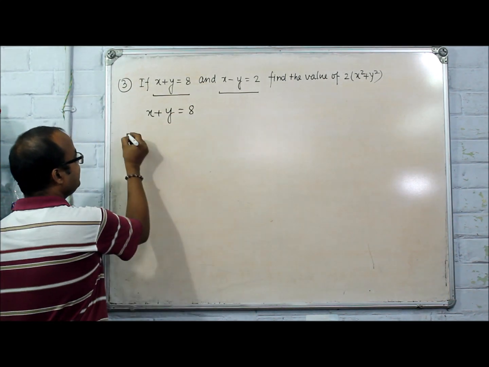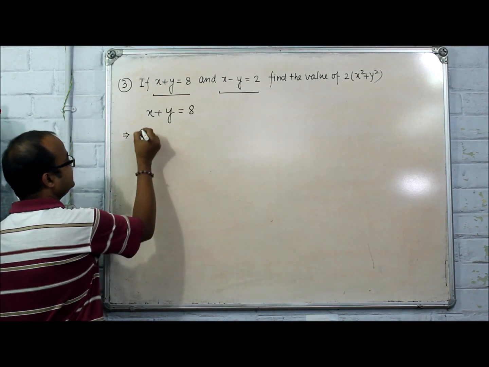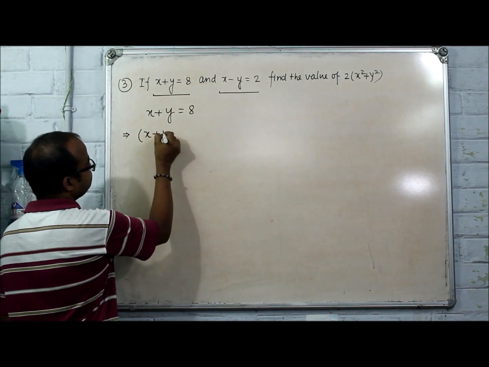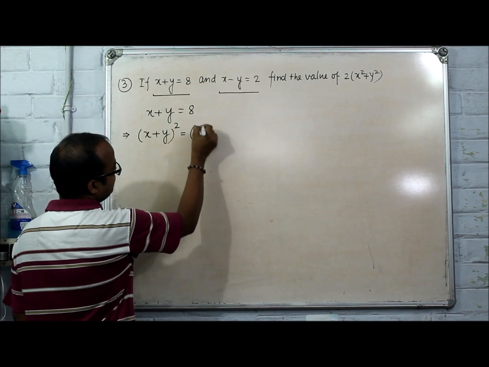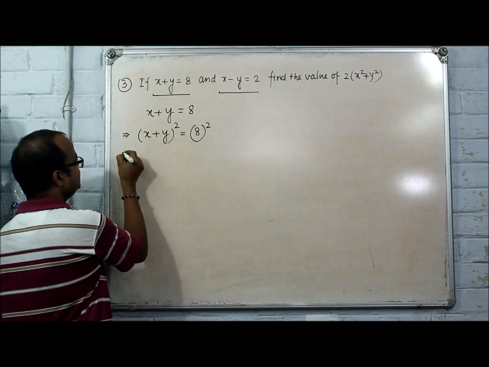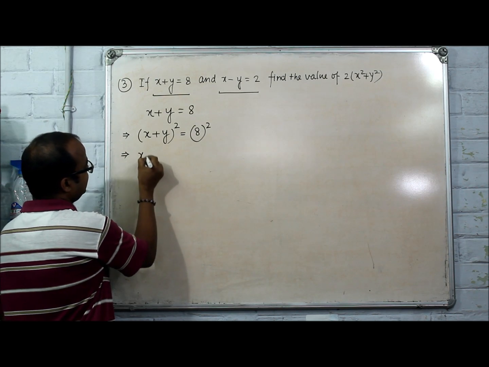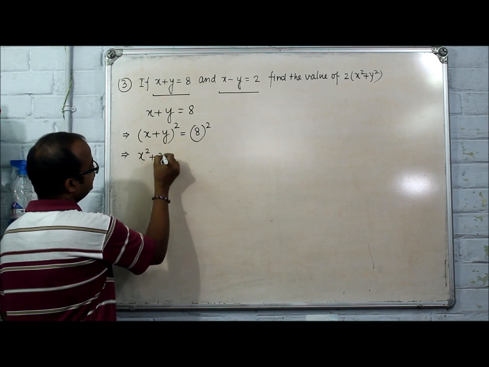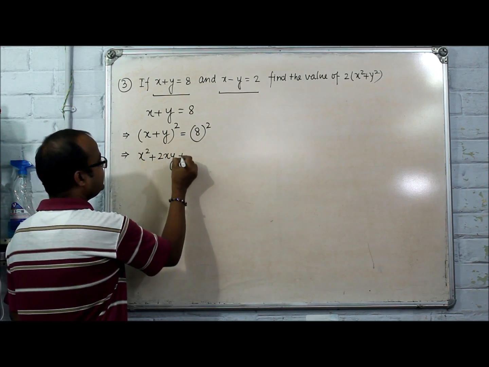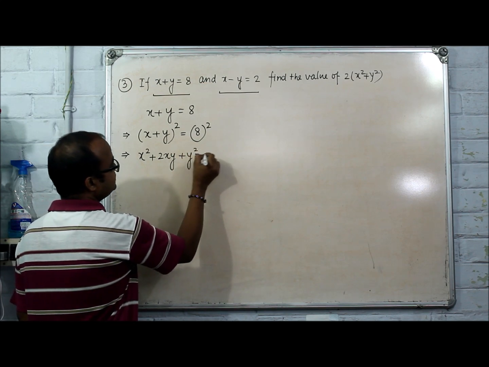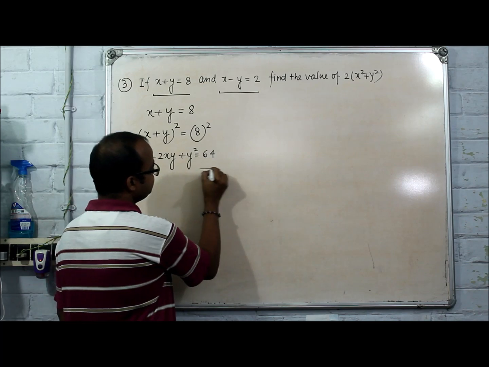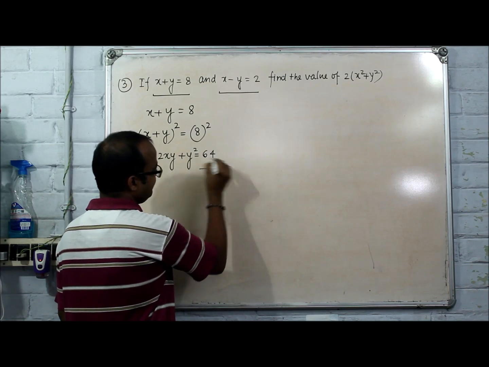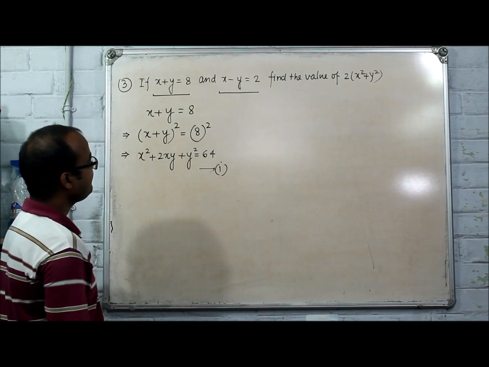First squaring both sides, we get x plus y square is equal to 8 square. So it means x square plus 2xy plus y square is equal to 64. Clear? So this is the first relation.